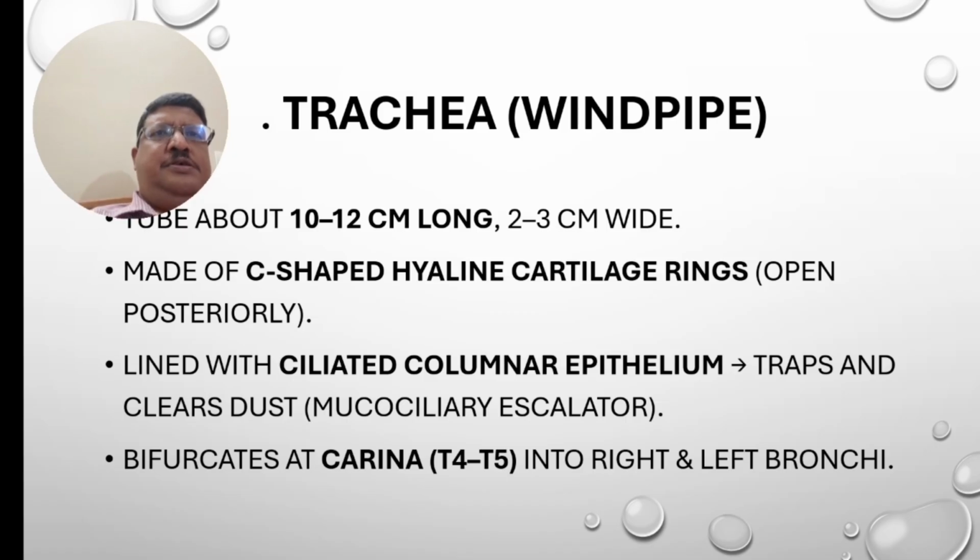Trachea, the windpipe, is a tube about 10 to 12 centimeters long and 2 to 3 centimeters wide, made of C-shaped hyaline cartilage rings, open posteriorly, lined with ciliated columnar epithelium, which traps and clears dust, the mucociliary escalator. It bifurcates at the carina, that is, into the right and left bronchi.